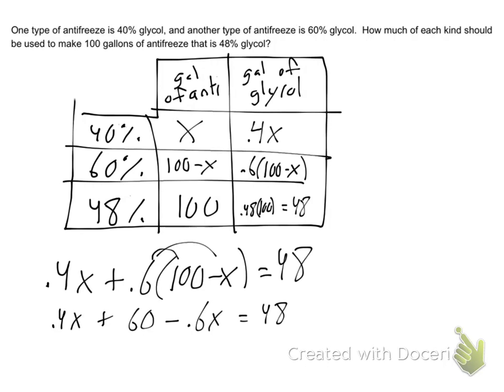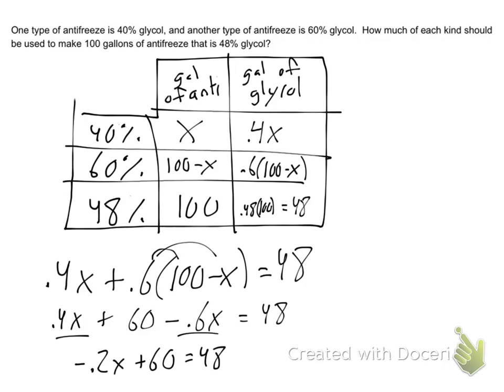What's 0.4x minus 0.6x? Put these together. Negative 0.2x plus 60 equals 48.